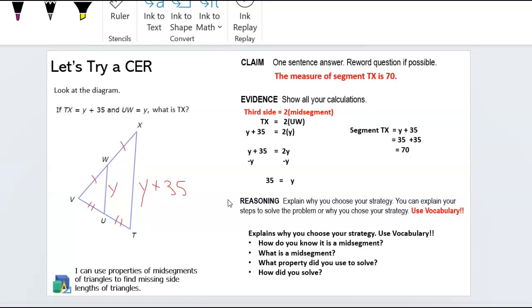And then finally, in the reasoning section, explain what you did. How do you know you have a midsegment? What is a midsegment? What property did you use? And maybe a little bit about how you solved. Kind of pull it all together. It's kind of like your conclusion in an English essay, kind of wrapping it all up.